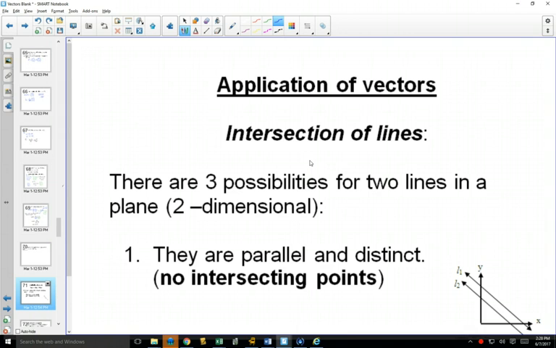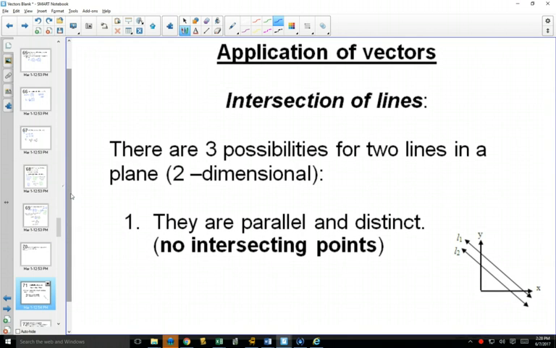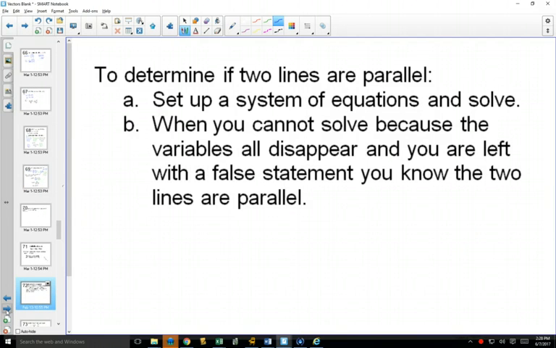So if you have a two-dimensional space and you have two lines in a plane, there are three possibilities. Possibility number one is those two lines are parallel and they never intersect. So how would you tell from a vector equation of lines if two lines are parallel? Well, you're going to look at your parametric equations and set up a system of equations to solve.